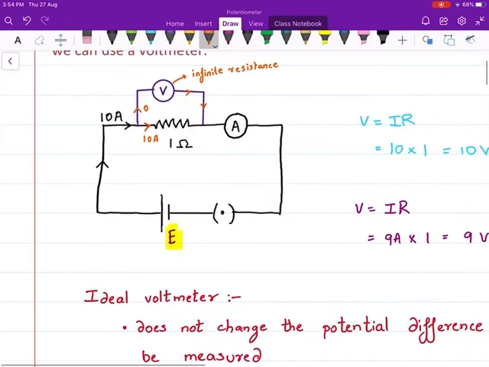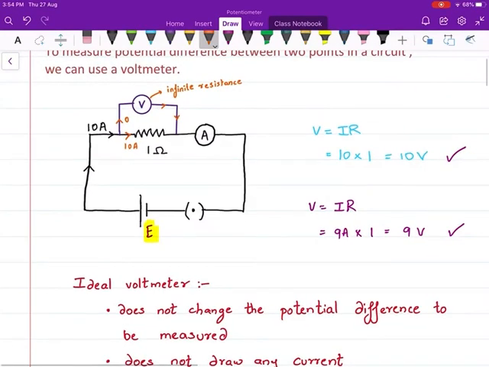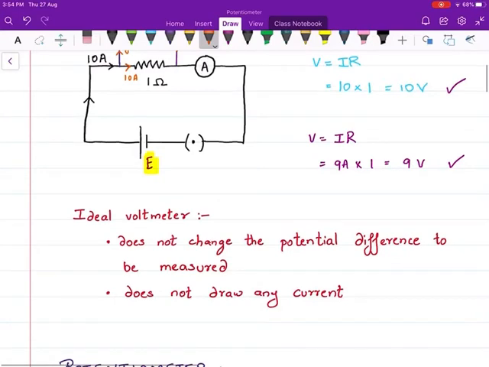So we need a voltmeter which is ideal to get the accurate reading. What does an ideal voltmeter mean? Ideal voltmeter means that this voltmeter does not change the potential difference to be measured. If the potential difference is 10 volts, it will measure as 10 volts and not 9 volts. And it should not draw any current from the circuit.